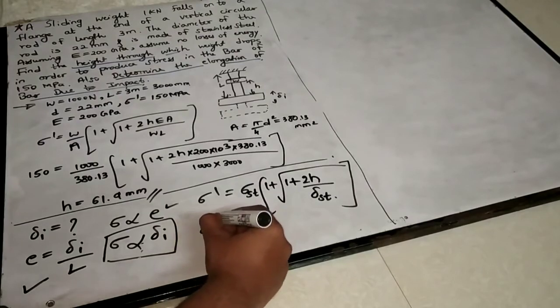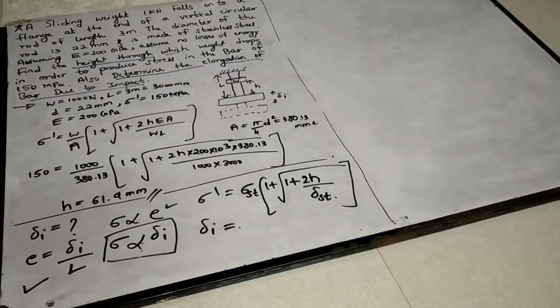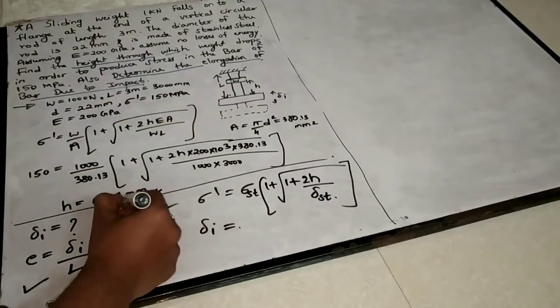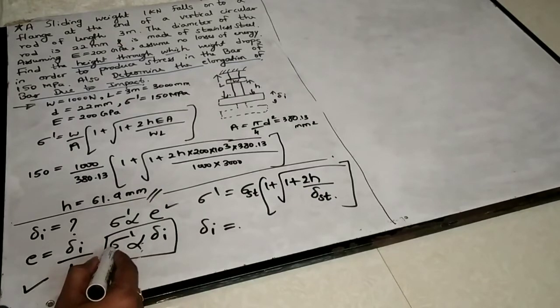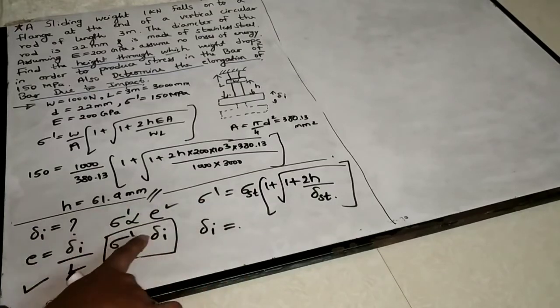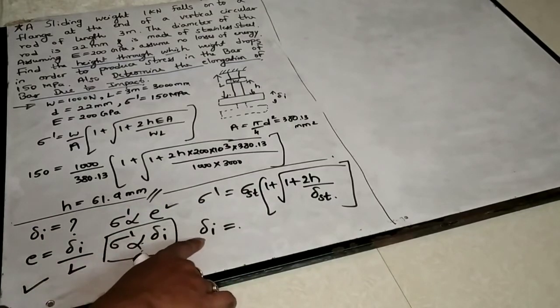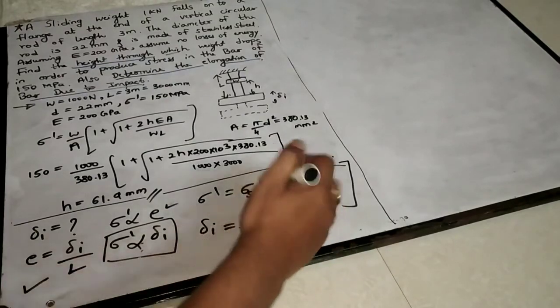So delta I, right? This is your impact stress. Okay, impact stress is directly proportional to this instantaneous deflection. So that's what I am writing here. And static stress is directly proportional to static deflection, right?